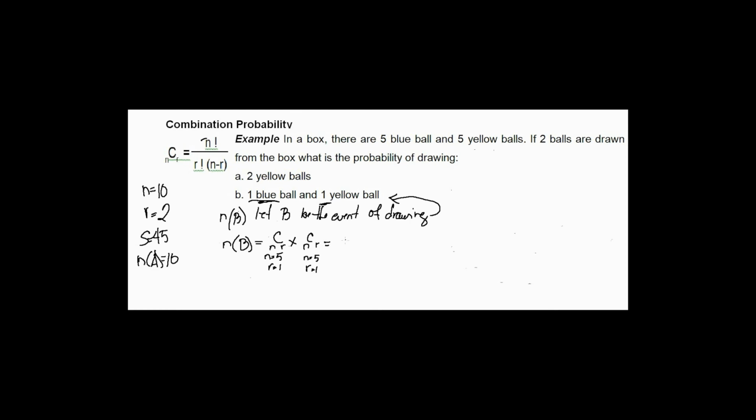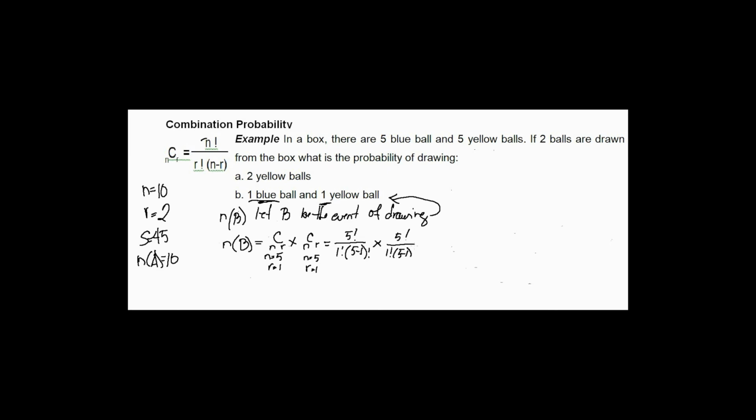Next, we have 5 factorial divided by 1 factorial times (5 minus 1) factorial, times 5 factorial divided by 1 factorial times (5 minus 1) factorial, because R is 1 on this combination.